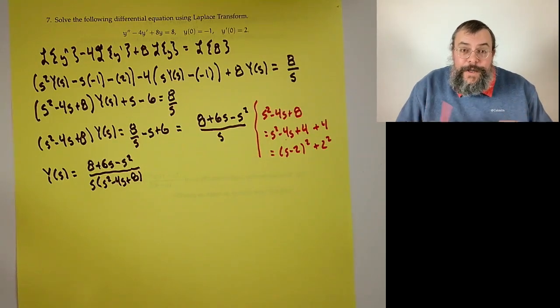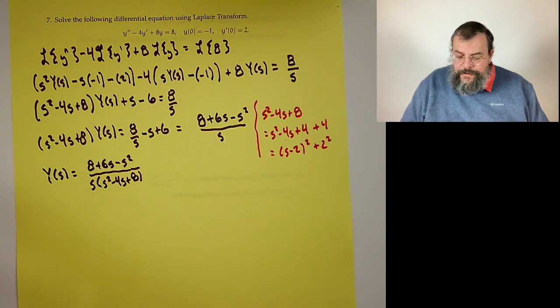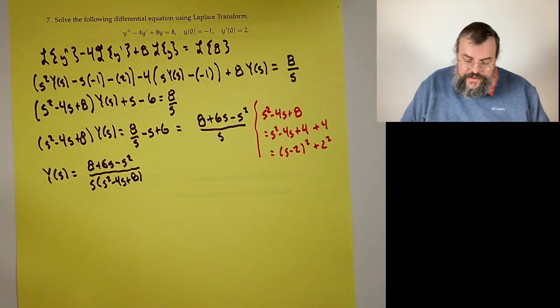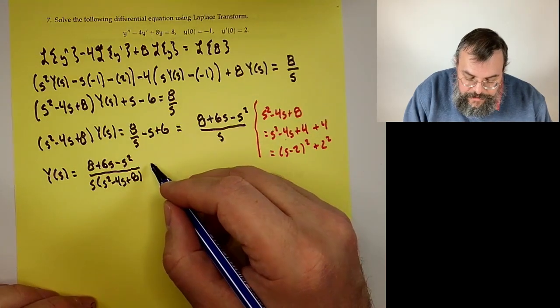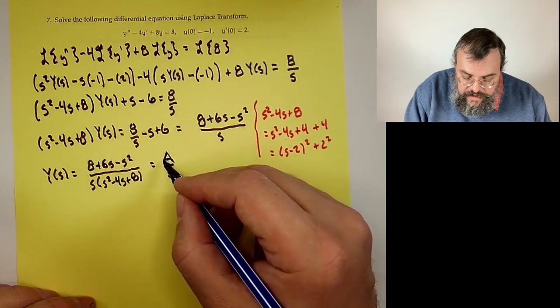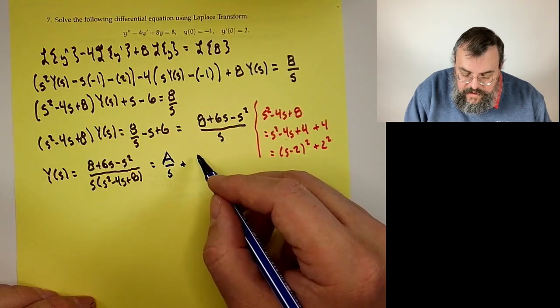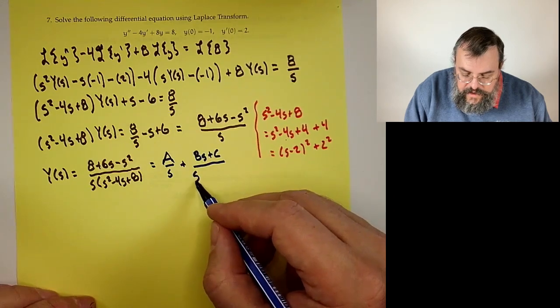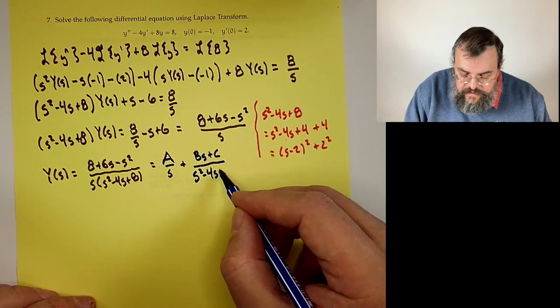Let's keep going. So we really have 2 pieces. So we're saying, all right, let's run our partial fractions. So this is equal to A over s plus Bs plus C over s squared minus 4s plus 8.